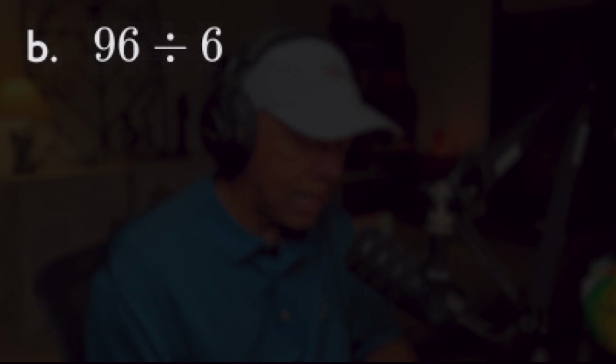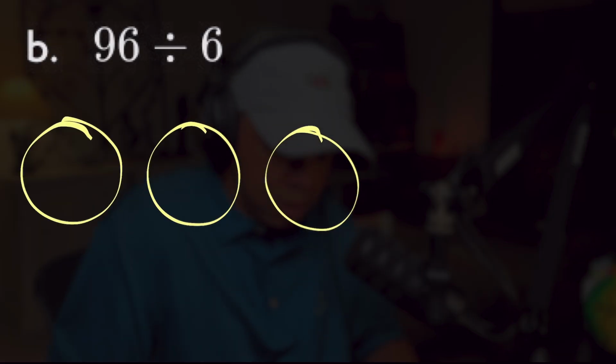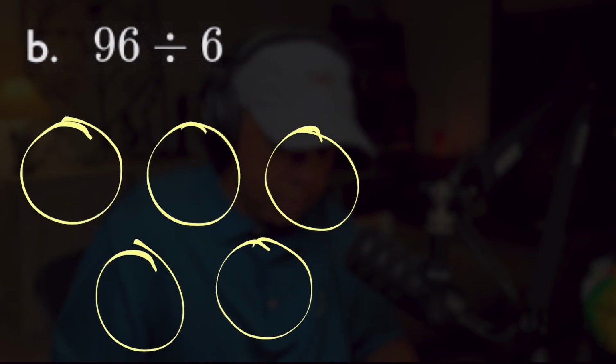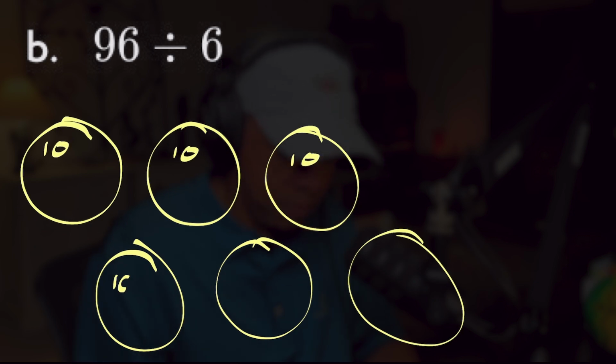Part B has a dividend of 96 and a divisor of 6. So I know I have 6 groups. 1, 2, 3, 4, 5, and 6. I have a total of 96 things. And so I'm just going to go ahead and start with 10. It's 10, 20, 30, 40, 50, 60.